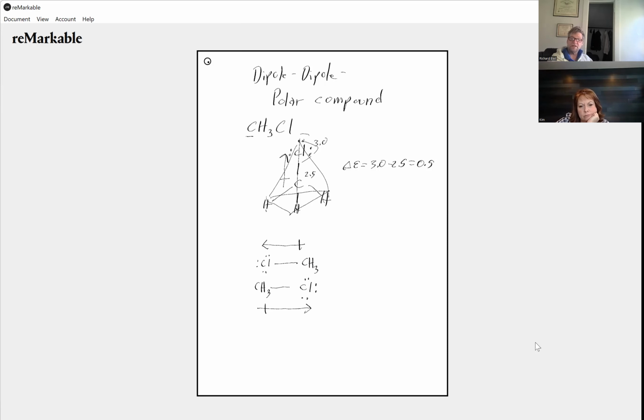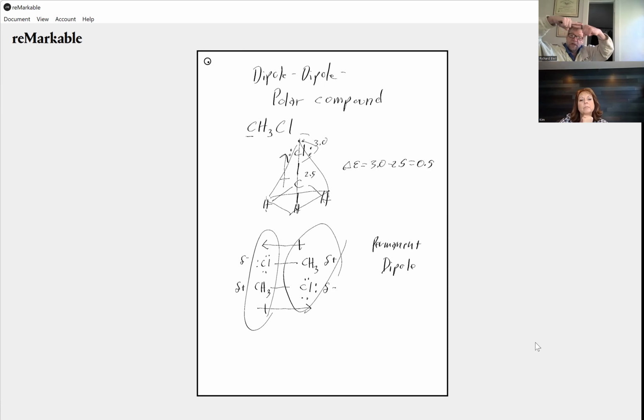This is a dipole-dipole intermolecular force, and all it is, is the attraction of the partial negative side of one molecule to the partial positive side of another. You have a permanent dipole. That's all a dipole-dipole intermolecular force is.